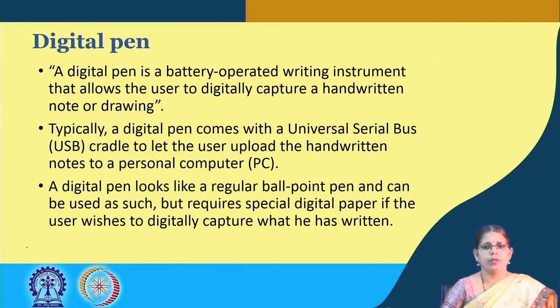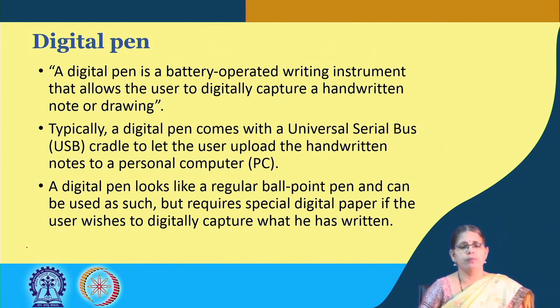It could be a mobile interface, it could be a personal computer and many other handheld devices. So, to what extent is a digital pen similar to a regular ballpoint pen? The way the digital pen works is much similar to the way in which we use a ballpoint pen. That is, there is a writing surface and then there is an ink. So, to that extent there is some level of commonality.